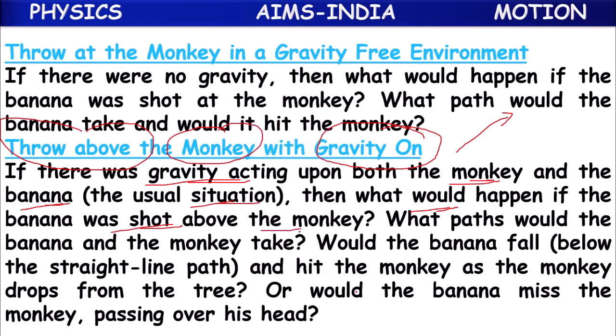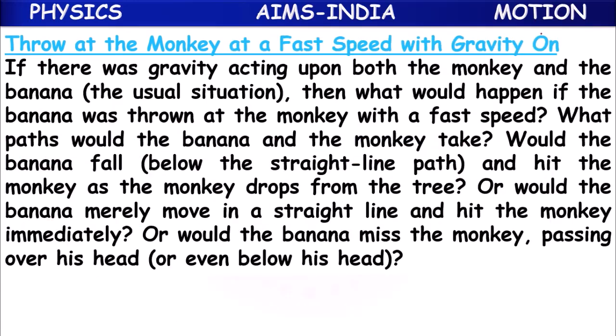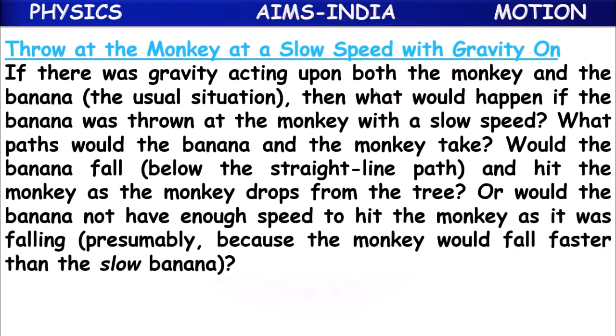And the third case: when gravity is on, if we throw at fast speed, aiming at the monkey, what happens? That is the third case. Or if gravity is on, if we throw in the direction of the monkey at slow speed.